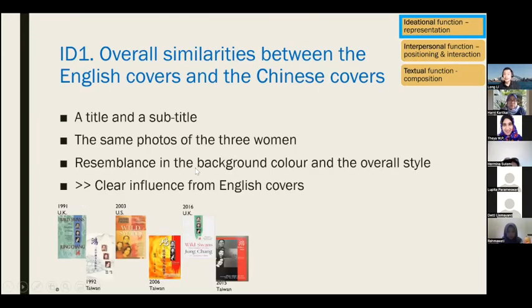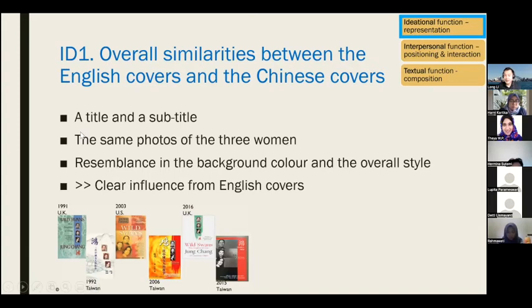So to begin with, I found that the English covers and the Chinese covers are overall very similar, especially in the ideational function, especially when we compare them to some other language covers, such as, I guess, even the Indonesian cover. The Chinese covers are more similar to the English covers.